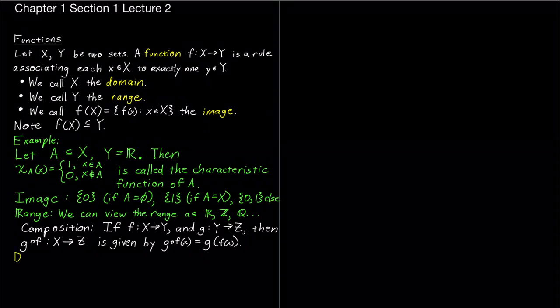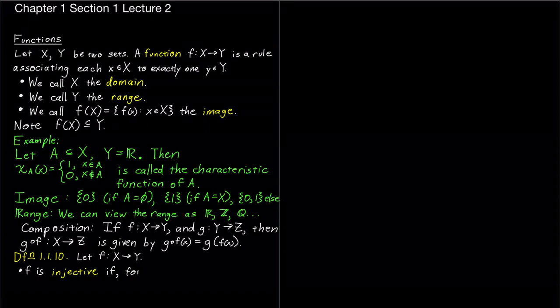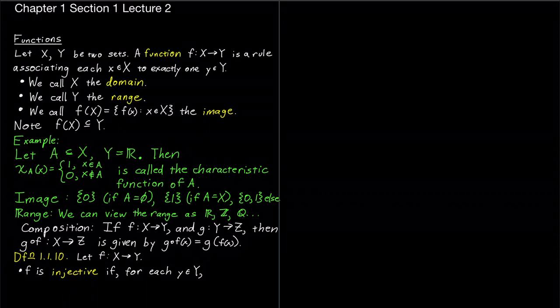So this is definition 1.1.10 in your book. So we're going to let f be a function whose domain is X and whose range is Y. f is injective if for each y in Y there is at most one pre-image.